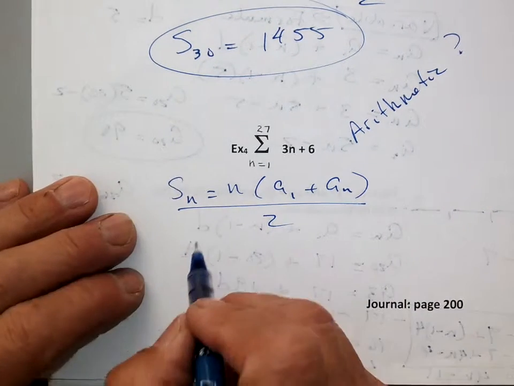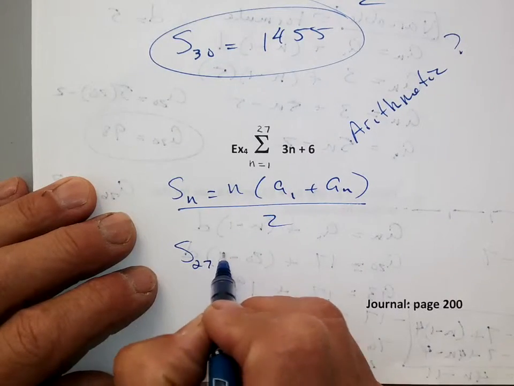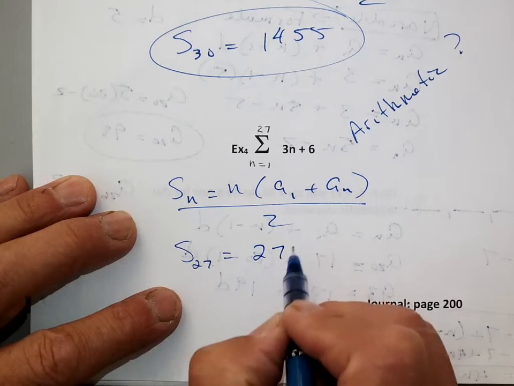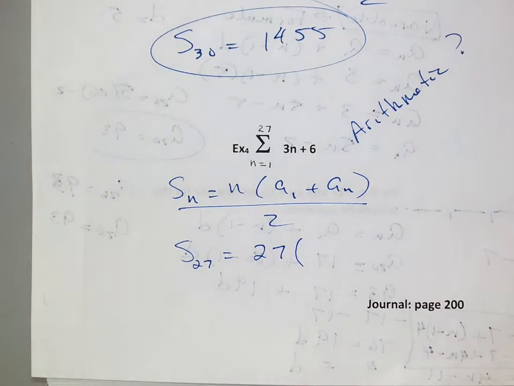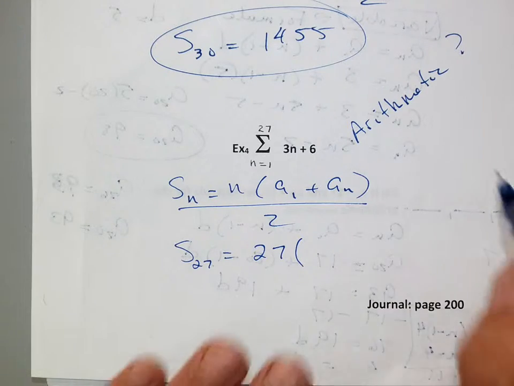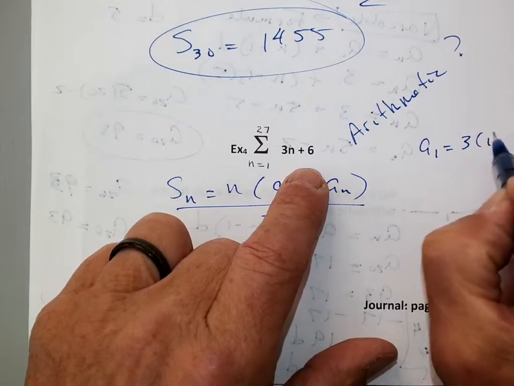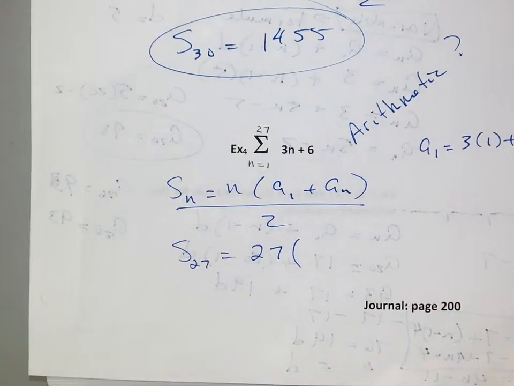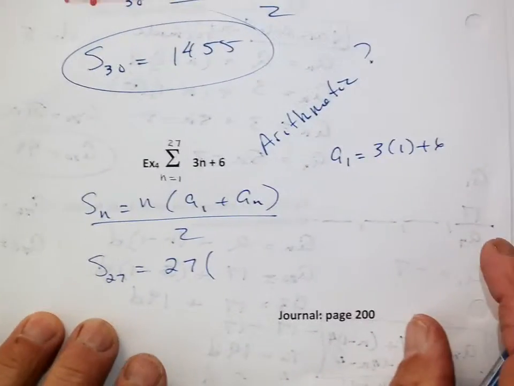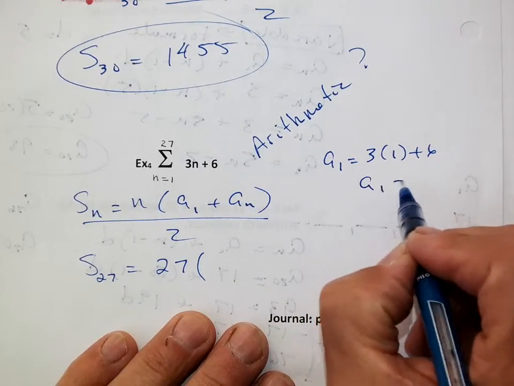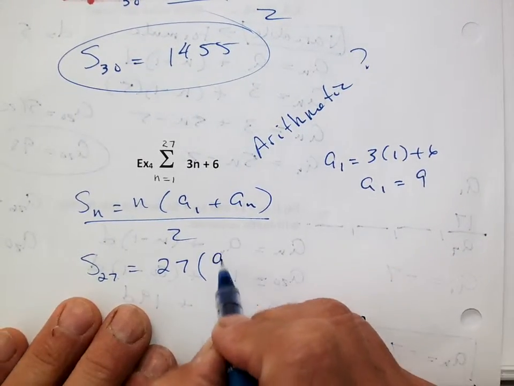So S of 27 equals N, which is 27. A1 is my first term. Now, I need to make my first term, but that should be easy to make. So my first term, A of 1, is simply going to be 3 times 1 plus 6, right? That's my first term. And that's going to be 9. So A1 is 9, so I'm going to plug that right there.